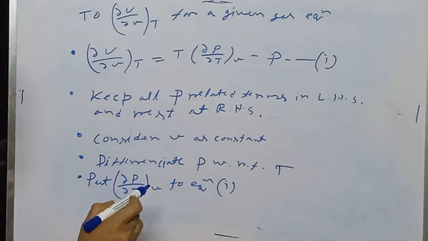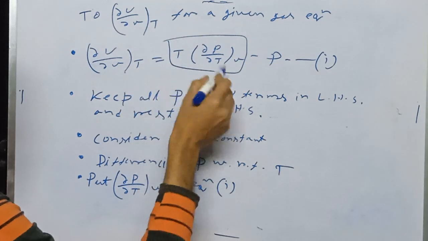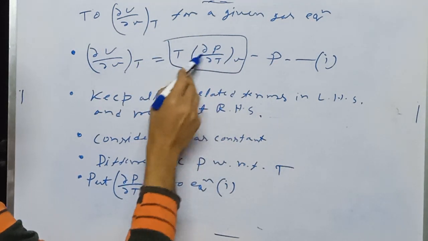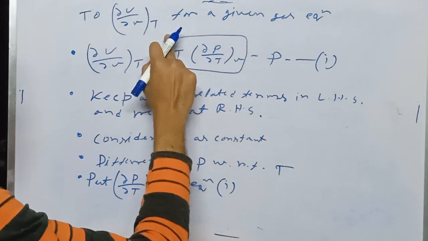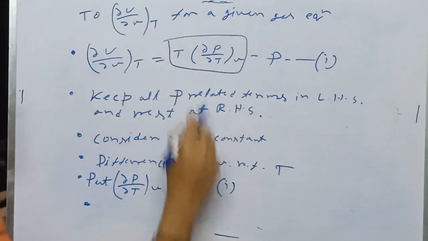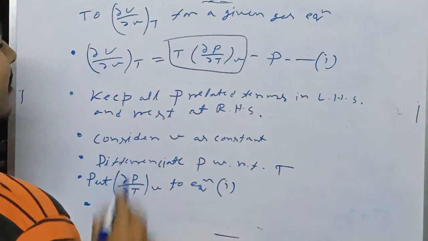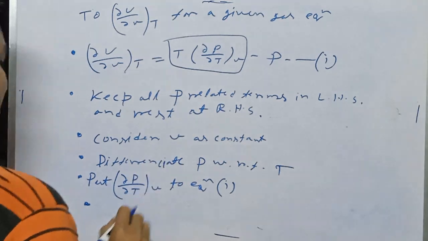Then from here, after putting the value of ∂P/∂T at constant V, the value of this total part is taken from the original gas equation.